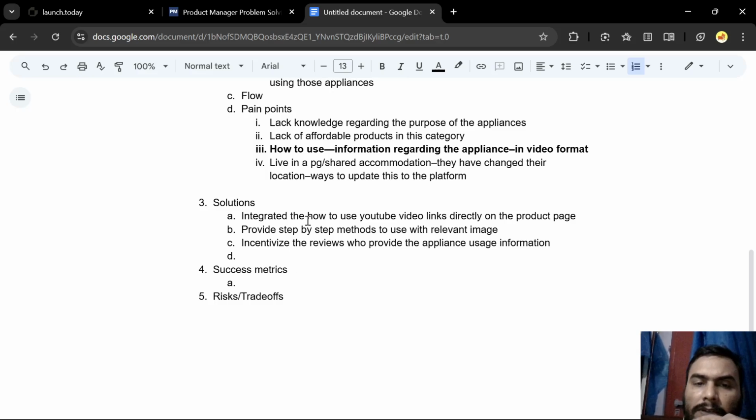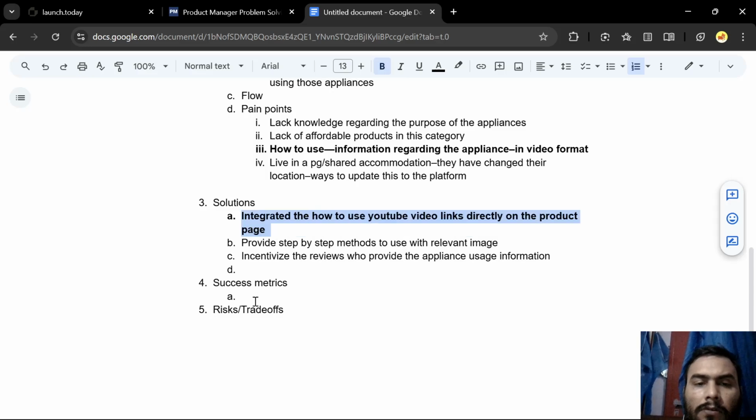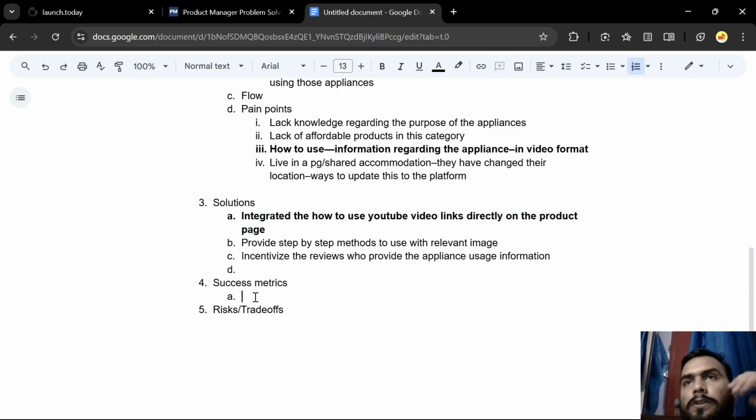But I would go with integrating the YouTube videos, because for the seller who is selling the product, that is a direct link which customers can see on the product page itself, what the exact way of using this product is, and whether this is likely to be the exact product that solves the problem I'm looking for.